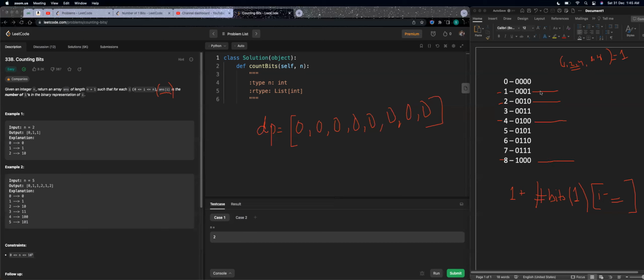The second thing we noticed was that the number of 1 bits at any integer i is equal to 1 plus the number of 1 bits at integer i minus offset.